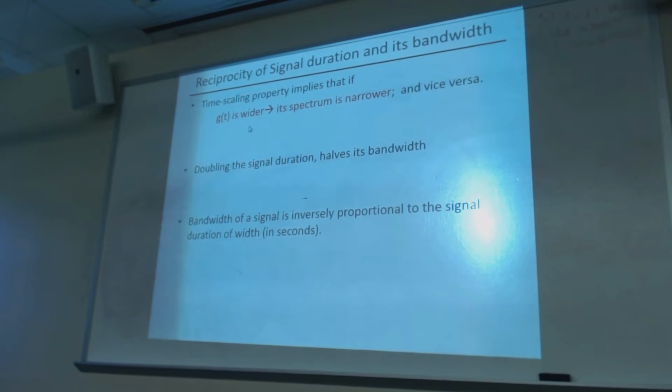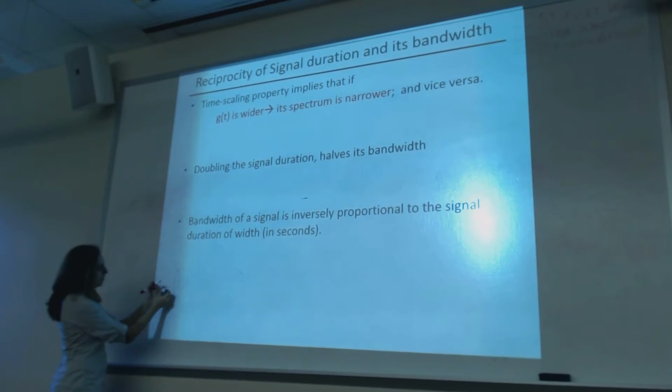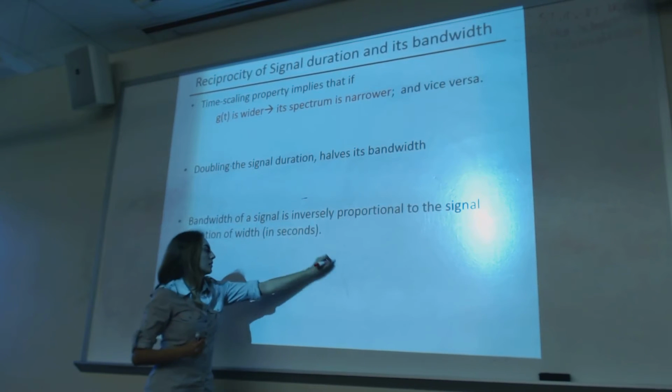Okay, so again some more intuition. If g of t is wider in the time domain, in the spectrum domain it's gonna be narrower. So time and frequency are reciprocal of each other. Your signal is wide, your spectrum is narrow. And vice versa. If your signal is really narrow, your spectrum will be wide.